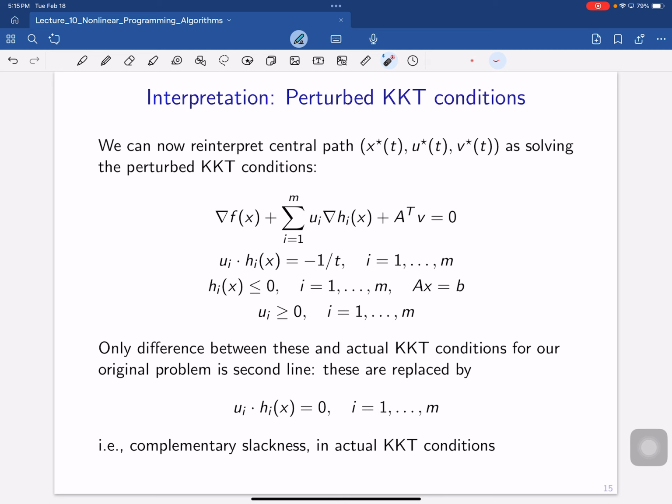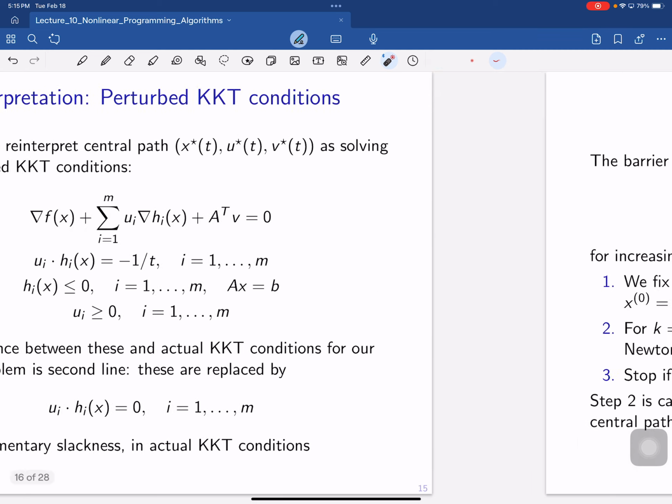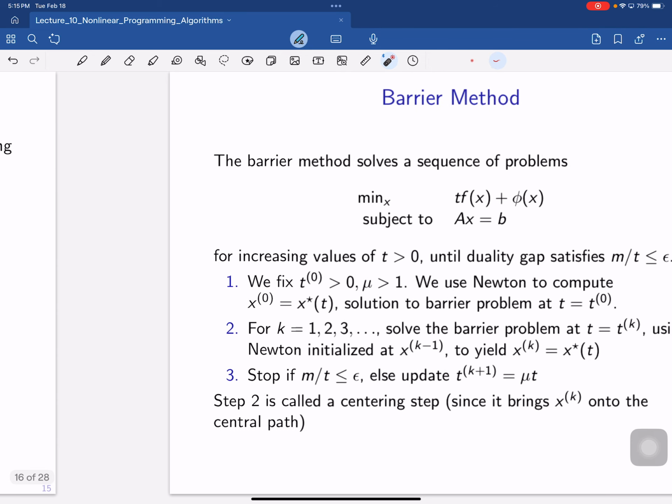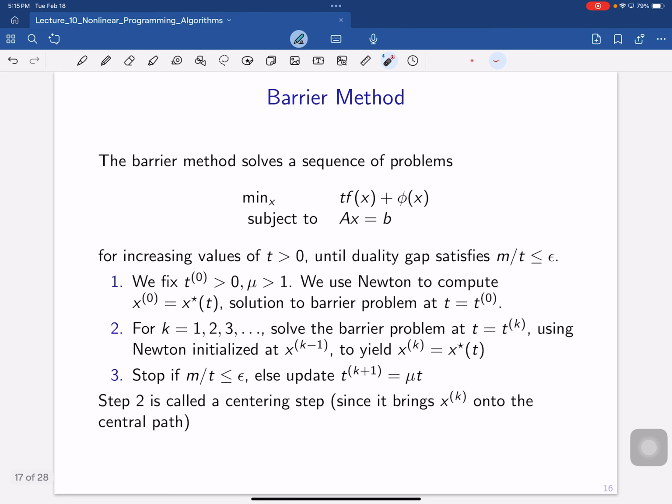Okay. Now I don't want to talk too much about the implementation. Nowadays, very few people work on interior point algorithms, right? It's more important to get a high-level idea of the barrier algorithm, right? So the high-level idea of the barrier algorithm is you approximate the indicator function with some sort of log barrier function, right?